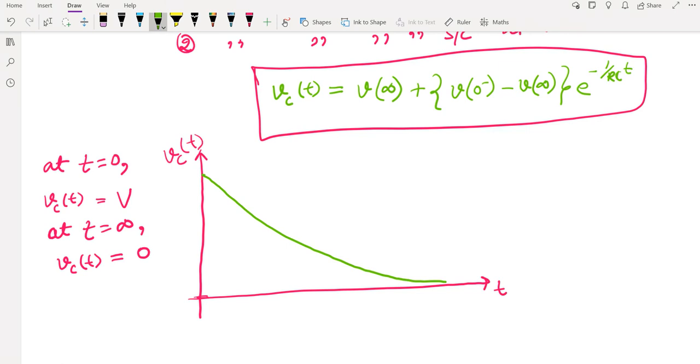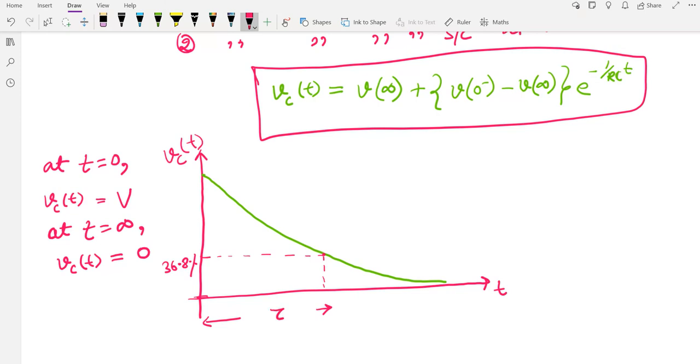Okay, and there will be a time when the capacitor's voltage will degrade to 36.8% of its initial value, and the time taken by the circuit to reach 36.8% of its value will be known as the time constant tau.